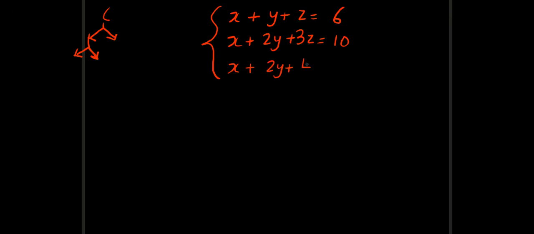Okay, and we have the system x plus y plus z is equal to 6, x plus 2y plus 3z is equal to 10, and the third equation, x plus 2y plus 4z equal to 1.